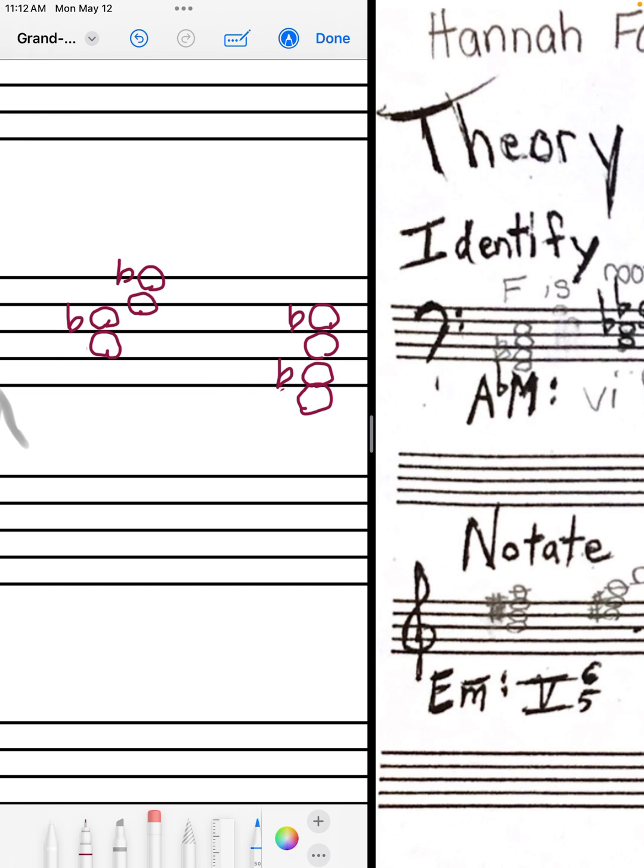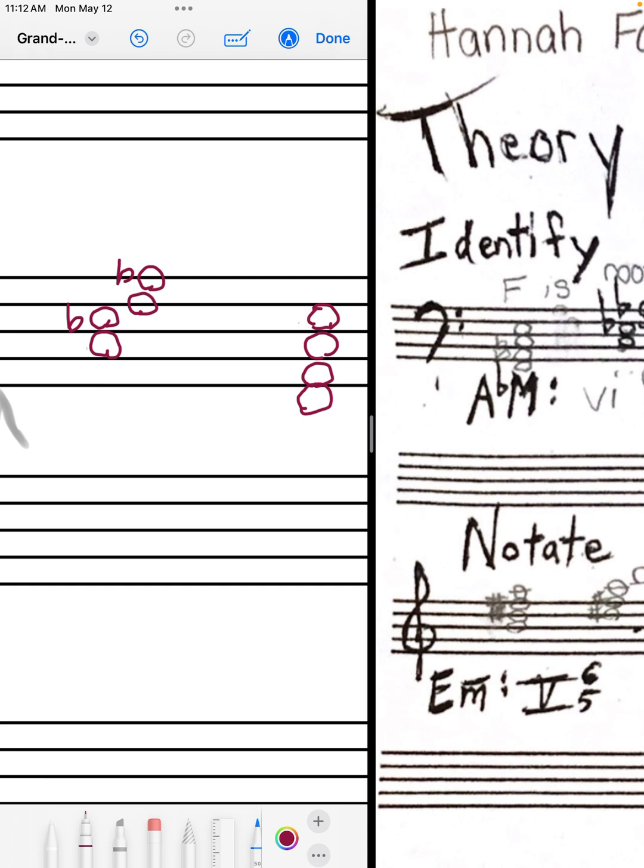I think this is kind of wrong, and here's the reason why. Because in A flat, that F is not a normal flat. So I'm going to correct this right now, that this should not have been flat.